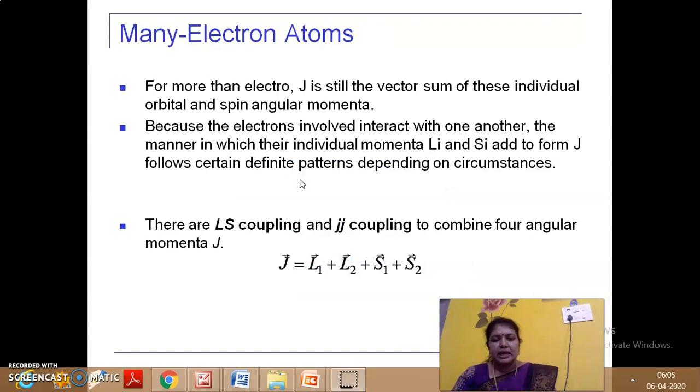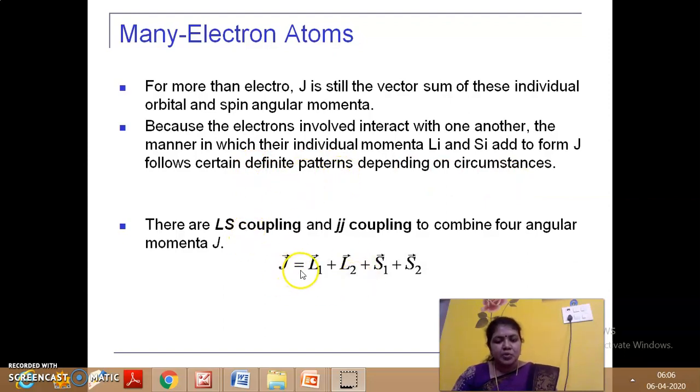Now, for a single electron atom, the total angular momentum is simply the sum of the orbital as well as spin angular momentum. When you have an atom with more than one electron, the manner in which the individual orbital angular momenta Li and spin angular momenta add up would depend upon certain circumstances, and they would follow certain definite patterns.